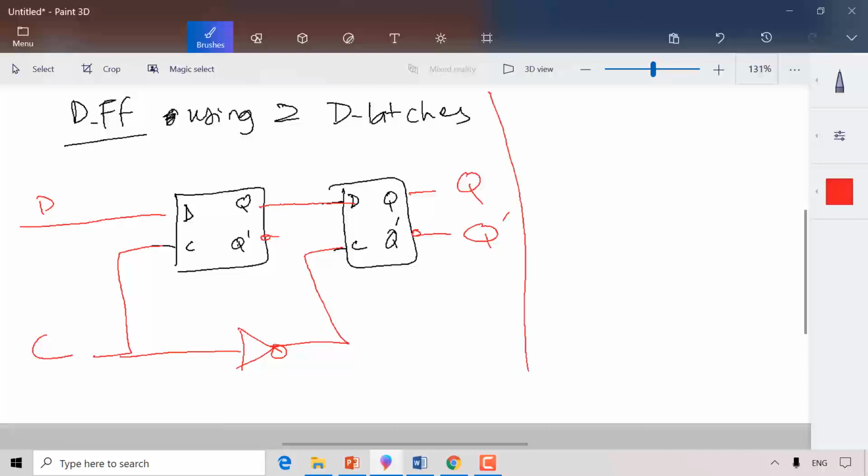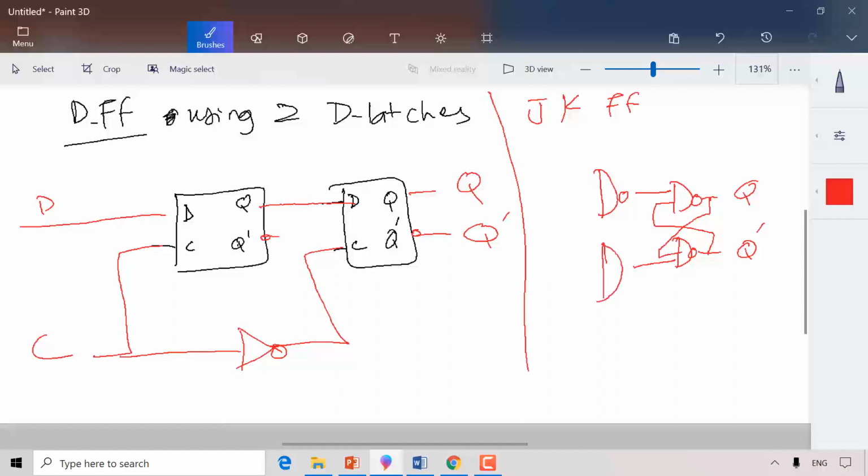Again, as a matter of completeness, this is how we implement a JK flip-flop. We start with an SR latch, which is active low. This is Q, and this is Q prime, and they are cross coupled. These inputs are fed by three-input NAND gates.